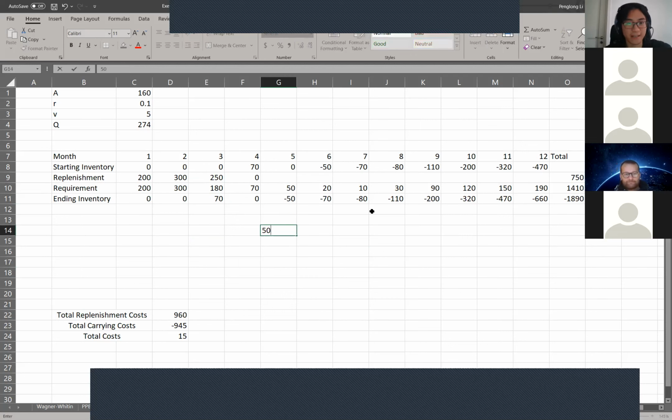And we do the same stuff, 50 and 70 and 80, 200. And it's the same thing. You see that it's 74 from this one and 46 from this one.